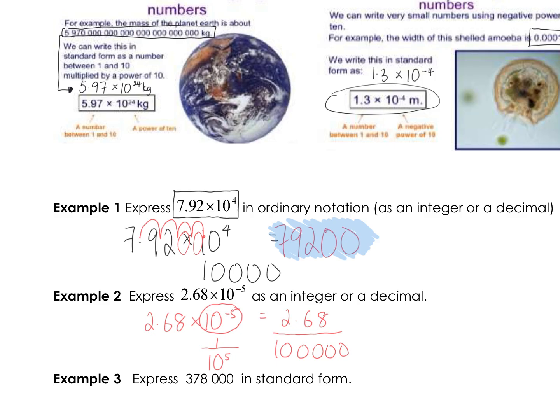So you can press this on the calculator, or it means shifting your decimal point backwards by 5 jumps. So 1, 2, 3, 4, 5. So imagine having the dot over there. So it's 0, 0, 0, 0, 0. So you will get 0.0000268.